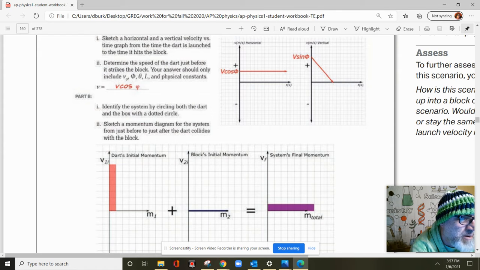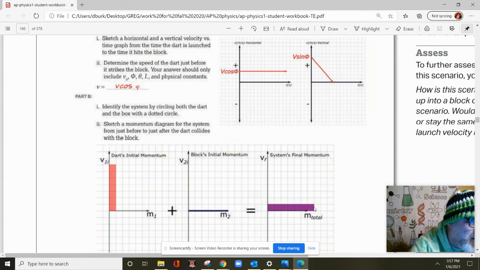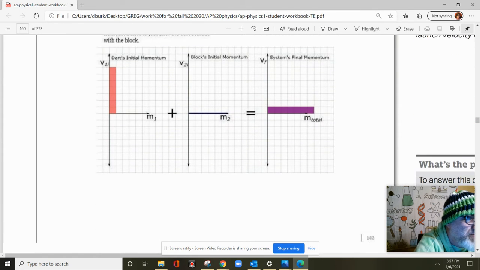So afterwards, the momentum of the system, 1, 2, 3, 4, 5, 6, 7, should be equal to the area here, 1, 2, 3, 4, 5, 6, 7, and it is. And you can see that we have 1 more unit of mass over here than we had here. This has 6 units, now we have 7 units of mass, and now we have 1 unit of velocity because the area of this rectangle has to be equal to the area of that rectangle because the momentum is conserved.